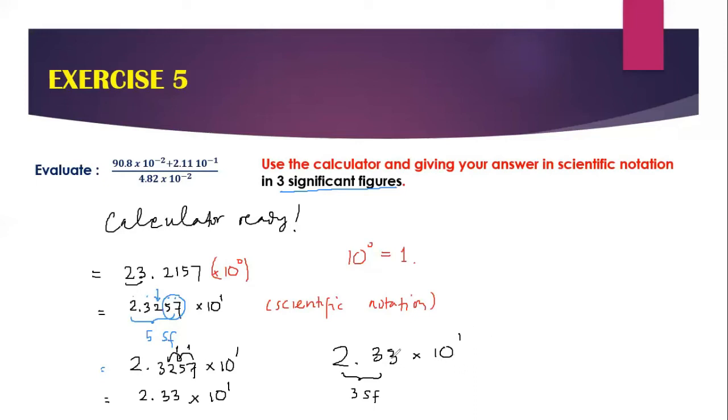So 2.33 times 10 to the power of 1 is scientific notation, and 2.33 is 3 SF. Done. Clear, students? The question is very clear, and the answer.